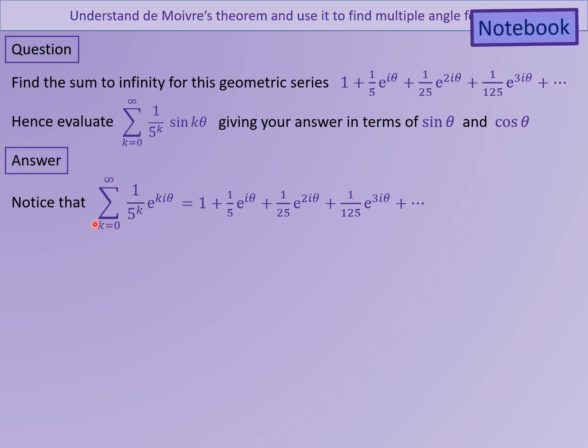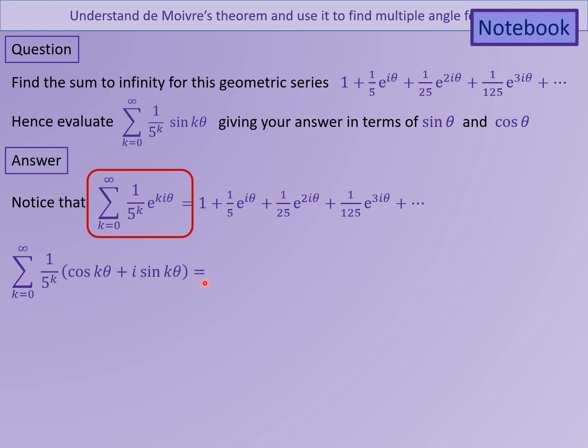And then the examiner is asking us to look at, hence evaluate this part. Now, if you're going to evaluate that part, this bit just here will help you do that, because we know that e to the I theta, the exponential form, can be expanded to cos theta plus I sine theta. We want sine theta. So it's important to recognise that that is exactly the same as that.